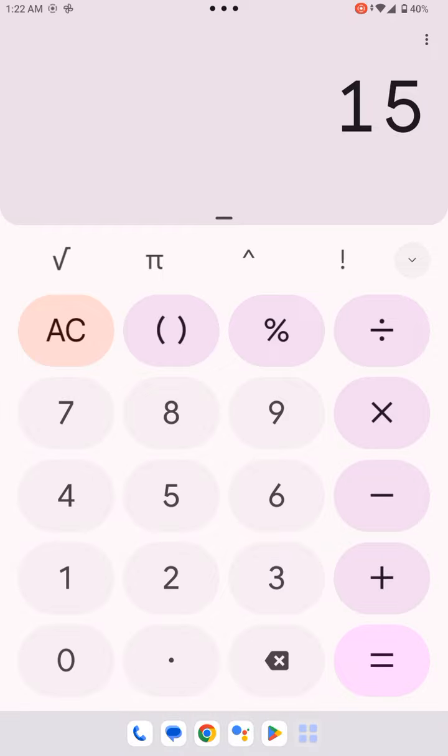Okay, so 15 is not divisible by 2, so we can say it is not divisible by 6. Although it is divisible by 3, but not 6.